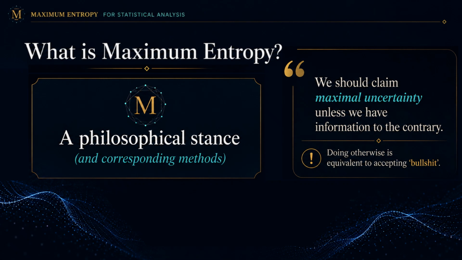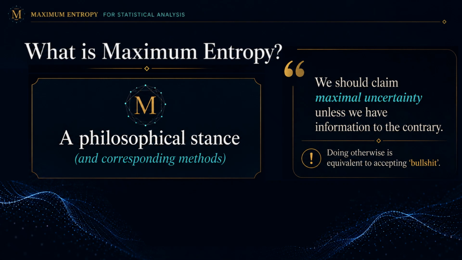In other words, if we do anything other than assume our maximal uncertainty unless we have information to the contrary, then it is as though we are, knowingly or not, taking on board information that is not actually there. Okay? And that seems like a very, very bad idea when we're trying to learn about how a system works.